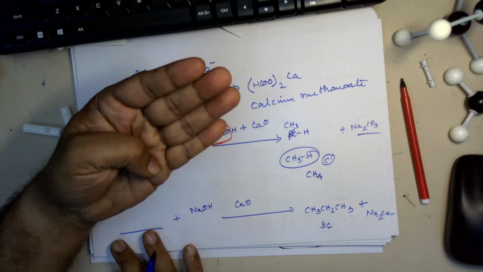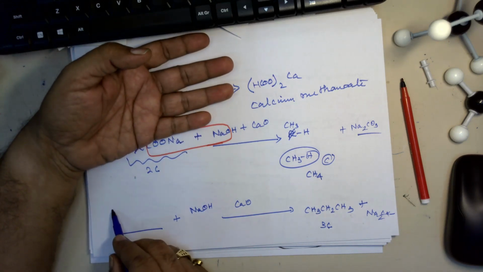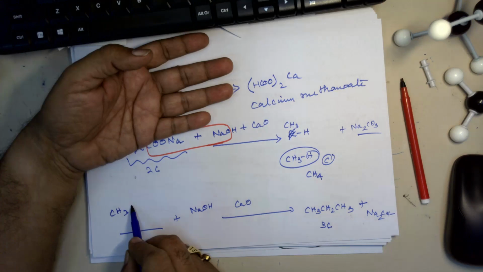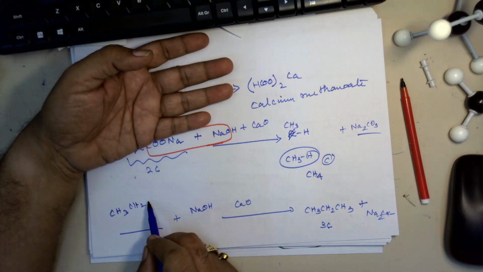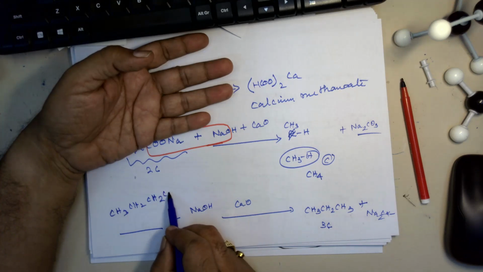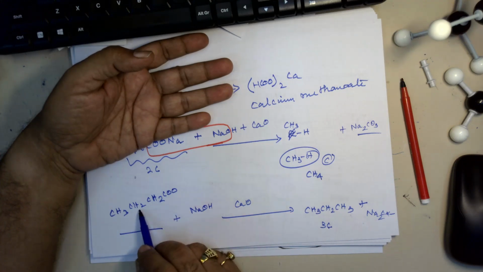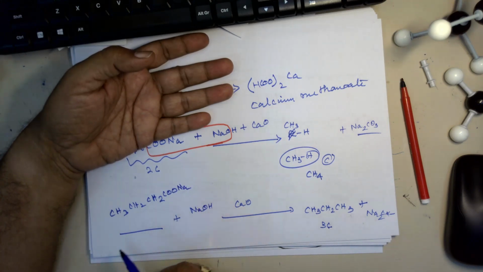Butanoic acid will be CH3, CH2, CH2, CH2, COOH. But instead of COOH, since it is the sodium salt of carboxylic acid, I can put COONa. Okay, got it now?